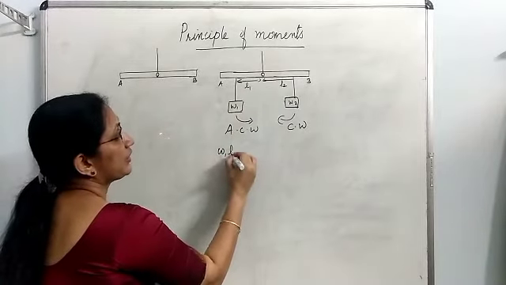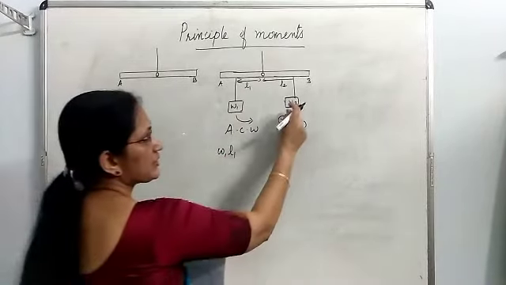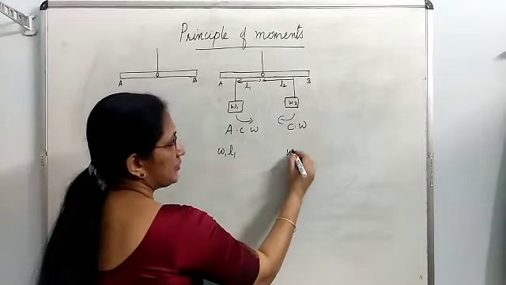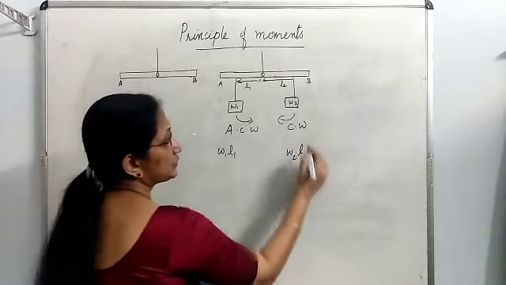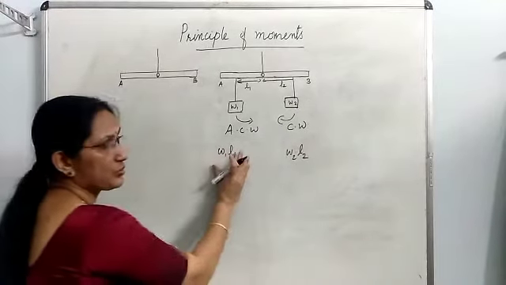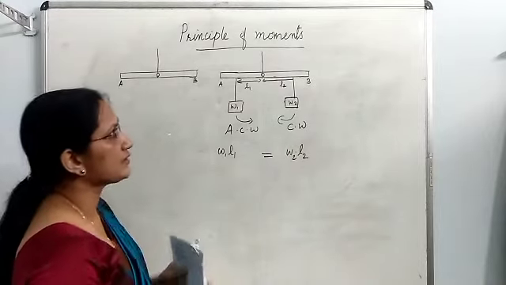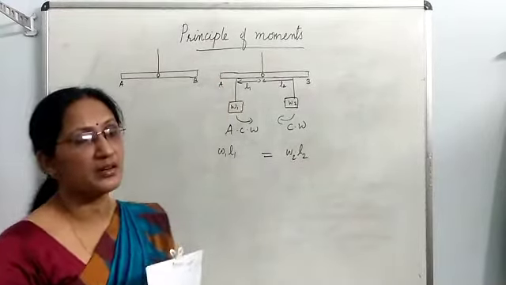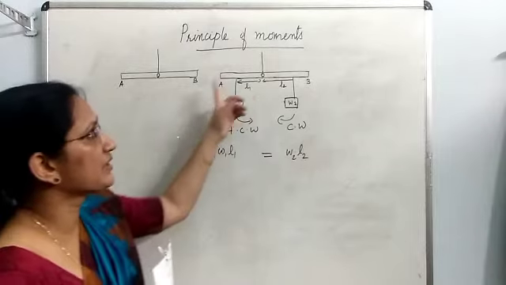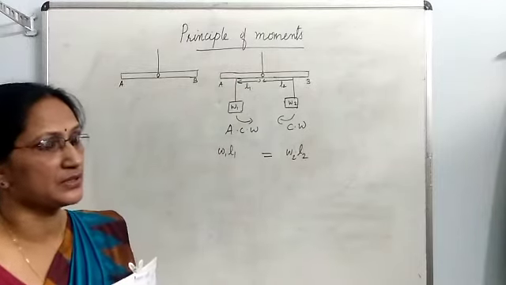So W1 into L1 is the anti-clockwise moment. Clockwise moment is W2 into L2. If these clockwise and anti-clockwise moments are equal, then the scale, the body, will remain in equilibrium. The scale will remain in horizontal position.